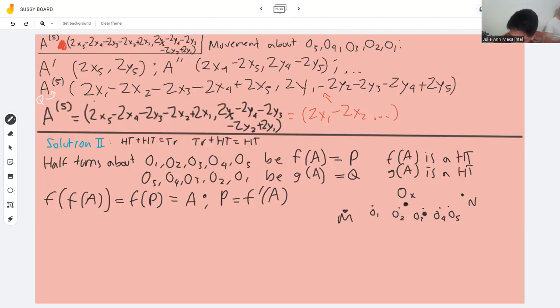But now, what is the function of going half turns from O5, O4, O3, O2, O1?